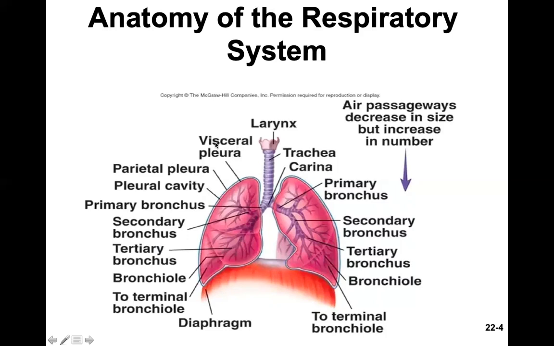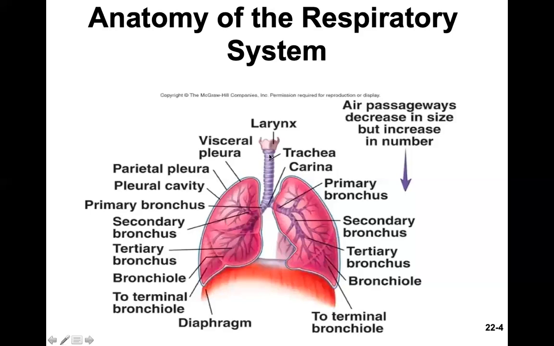Remember that the word viscera refers to the organs. So visceral pleura is that layer of pleura that is closest to the organ. Your parietal pleura is that layer that is furthest away from the organ. So pleura is a double layered membrane. And you have the parietal membrane that's closer to the body wall, and you have the visceral pleura that's closer to the actual organ itself.